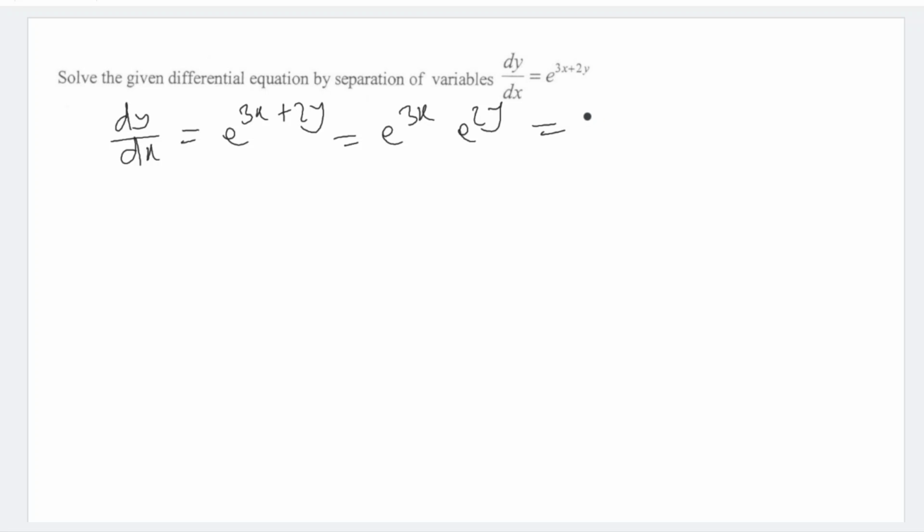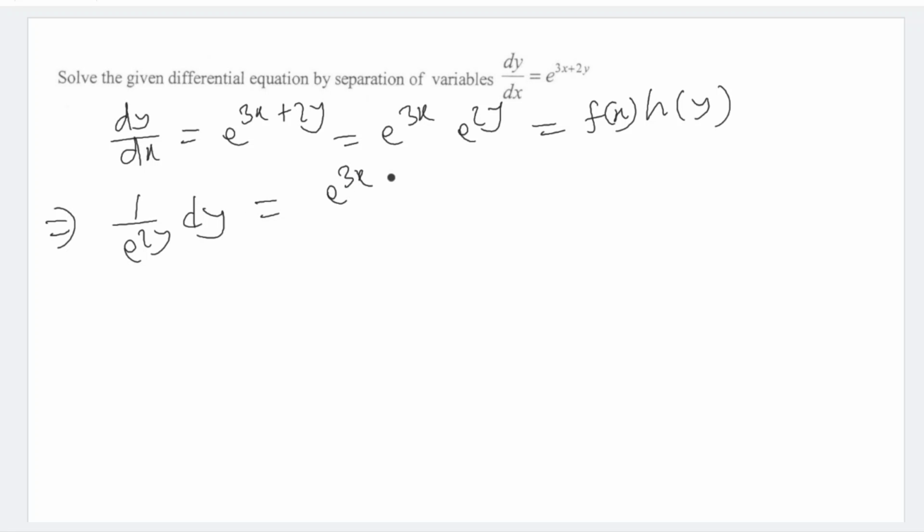So it looks like a function of x times a function of y. Now we can write this equation as 1 by e power 2y dy equals e power 3x dx.